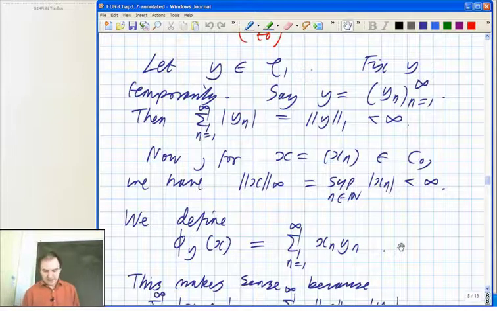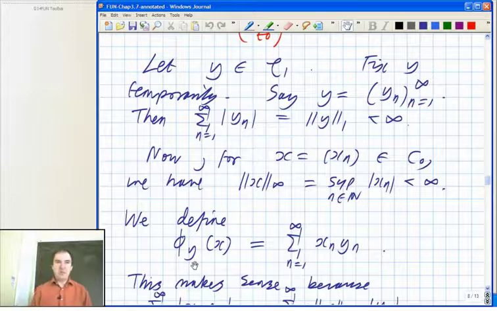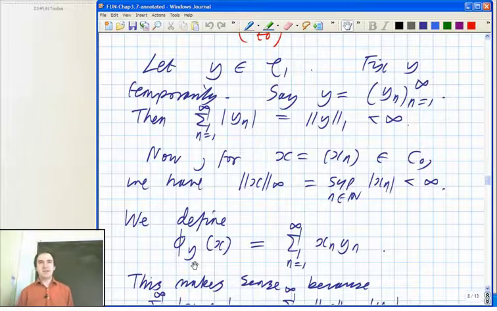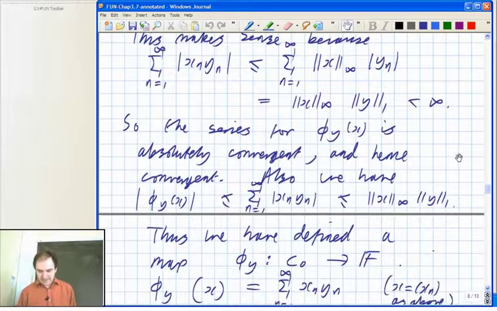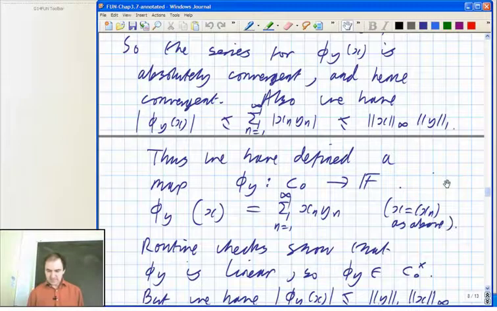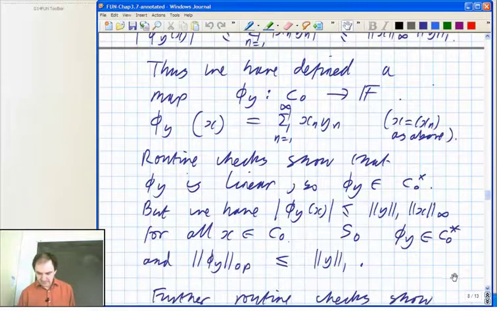And it turned out that this phi_y defined a continuous linear functional on little c0. And we had that the norm of that continuous linear functional was at most the one norm of y. So that's what we had to start with.